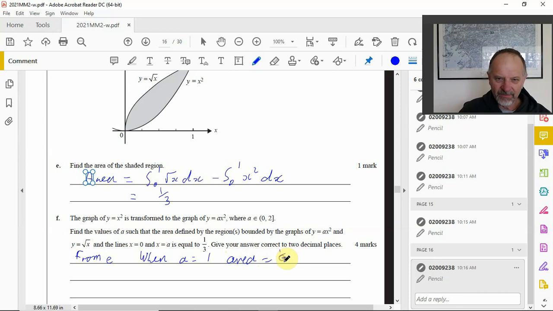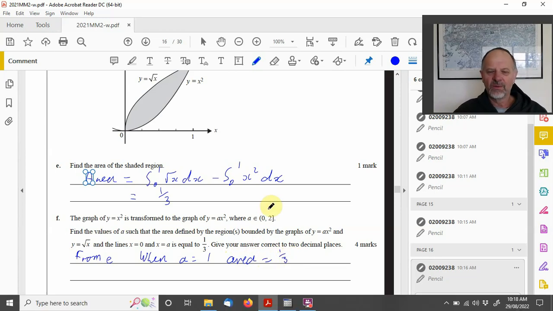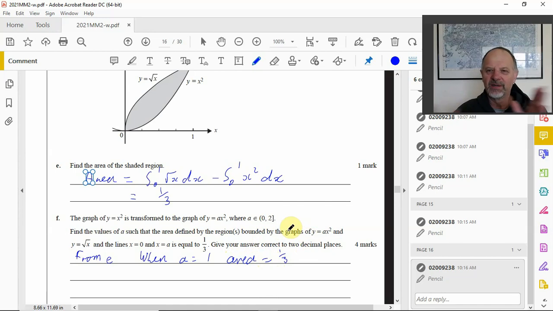equals 1/3. Now we've got to think, what we can do is split it into two halves. I'm going to say, all right, between 0 to 1 and then from 1 to 2.